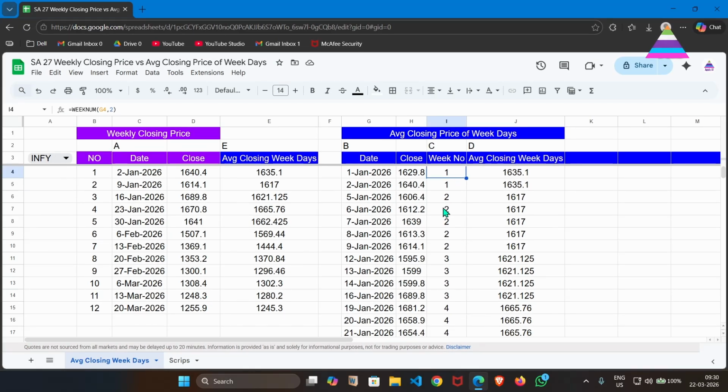Now to find the average closing price of weekdays, the formula is here. Basically the logic is like this. We use the AVERAGEIF function so that we can provide criteria to be matched, and we can specify the range on which the average is to be calculated. So let's understand that formula.